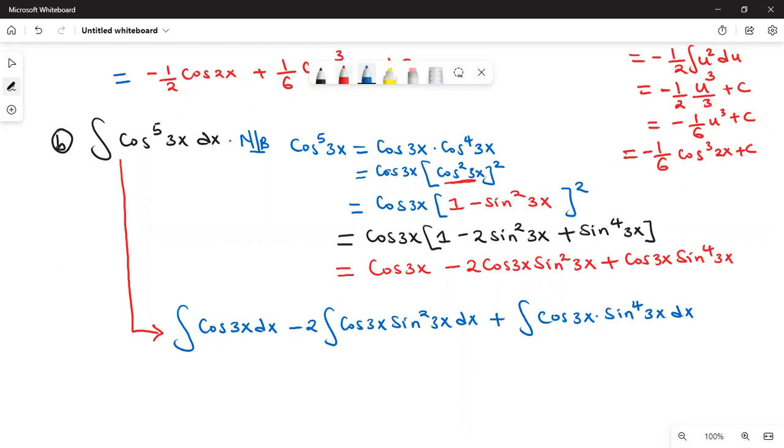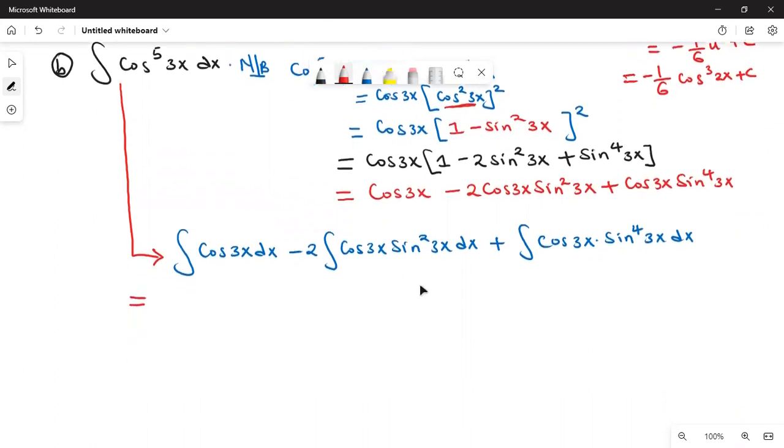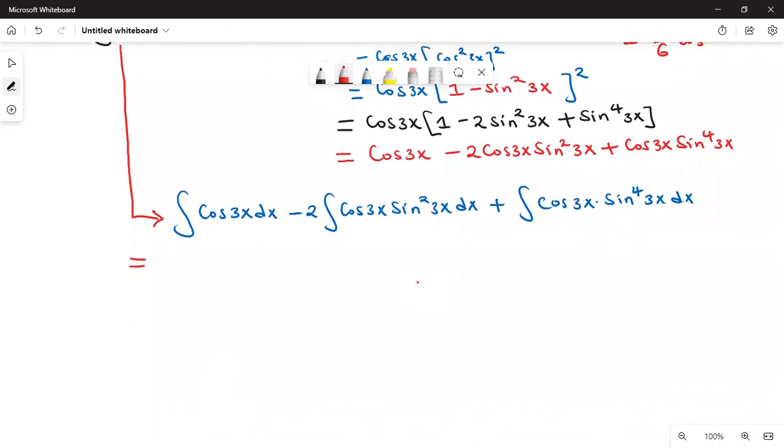So let's integrate the first term. The first integral, ask yourself, what did you differentiate to get cosine? You differentiated sine to get cosine. So this should now be equal to sine of 3x, everything you divide by 3. How do we integrate this?